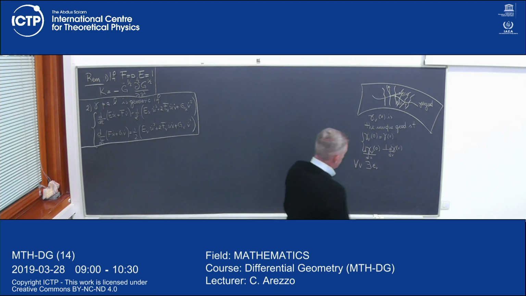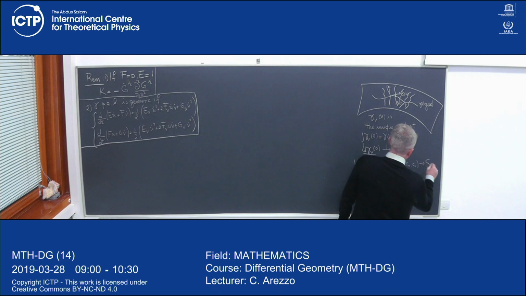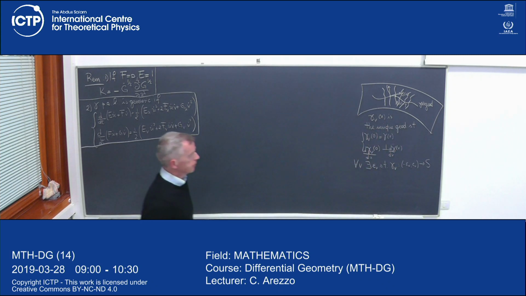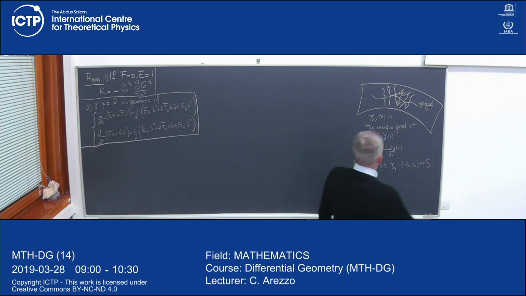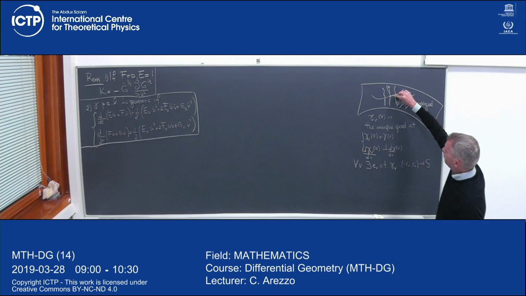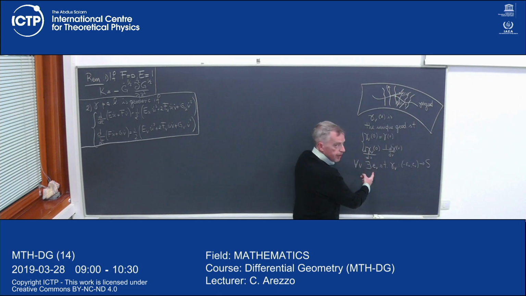There exists an epsilon V such that gamma V is defined from minus epsilon V to epsilon V into S. Now suppose I take the point P. This corresponds to some choice of epsilon 0, since P corresponds to V equal to 0. So epsilon 0 is something, and then everything is continuous.